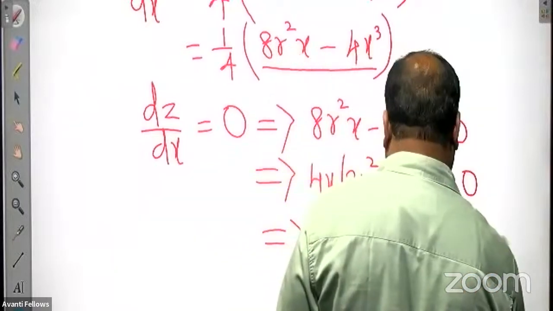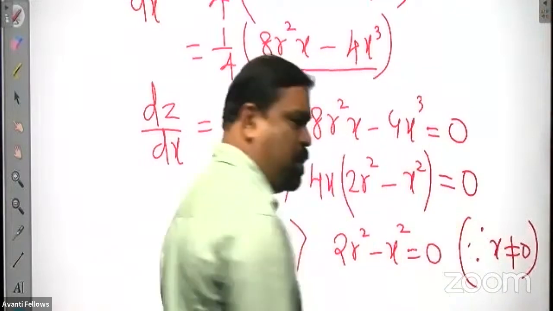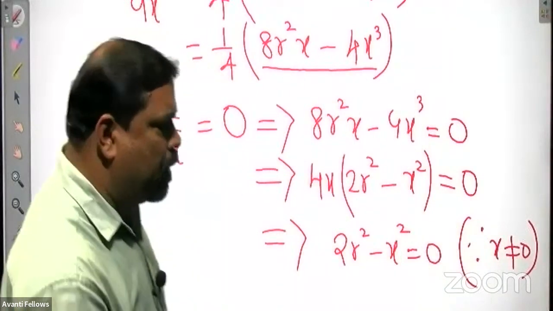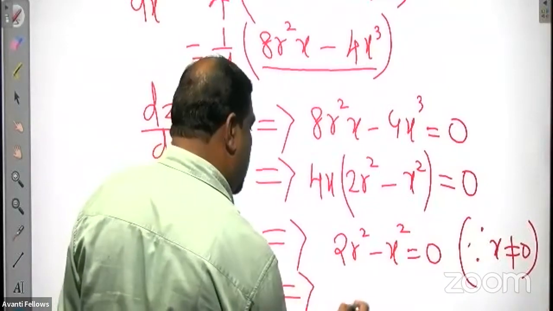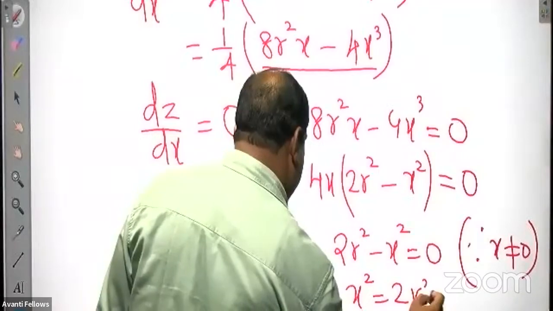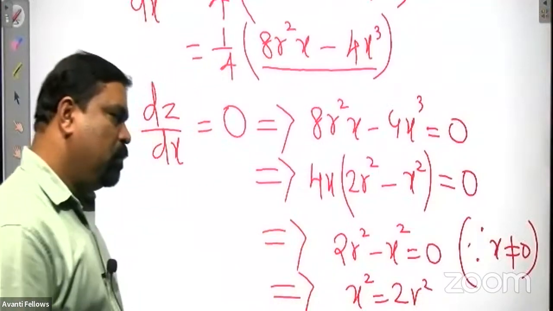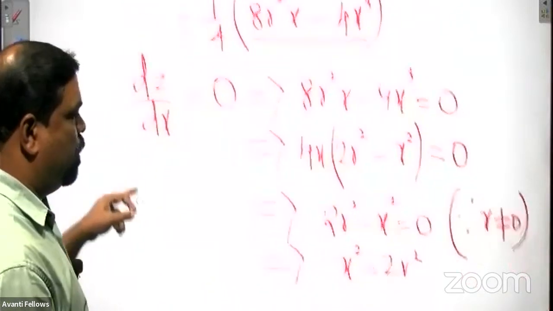In bracket, you can write x never 0, since x is the side of the triangle. So x square is equal to 2r square.